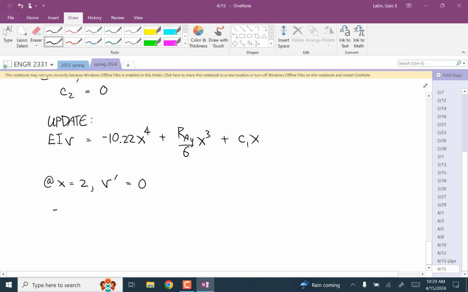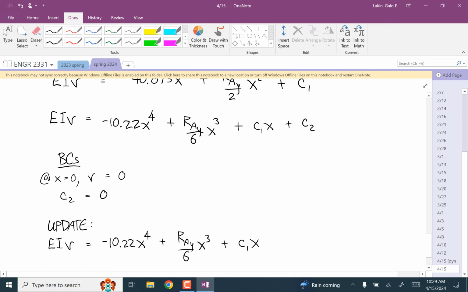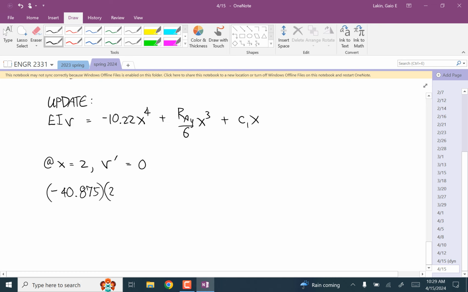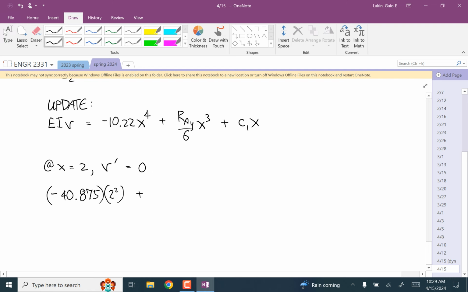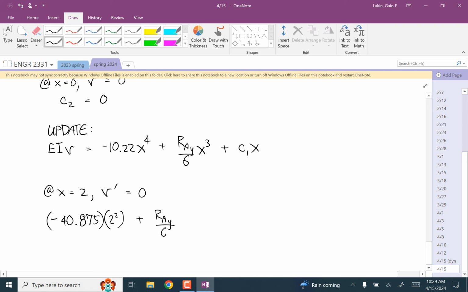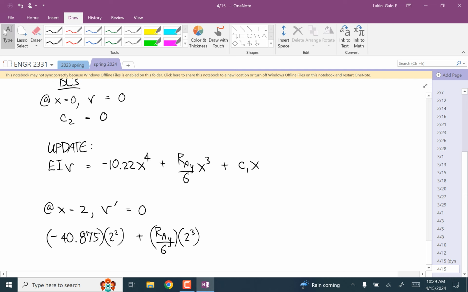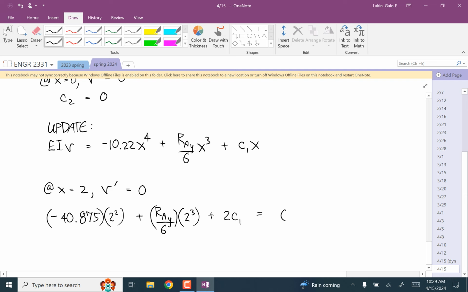So this says negative 40.875 times 2 squared plus RAY over 6 times 2 to the third plus 2C1 is equal to 0.